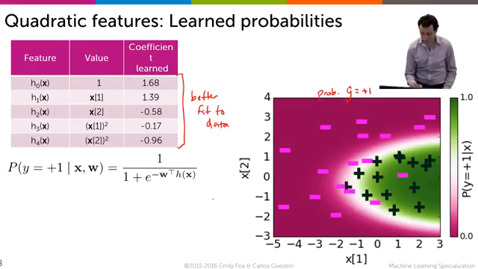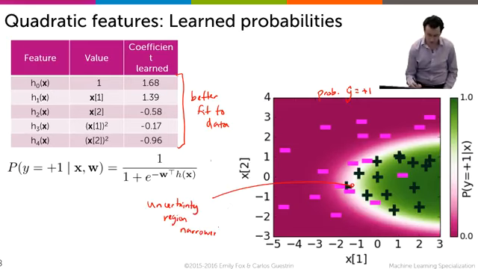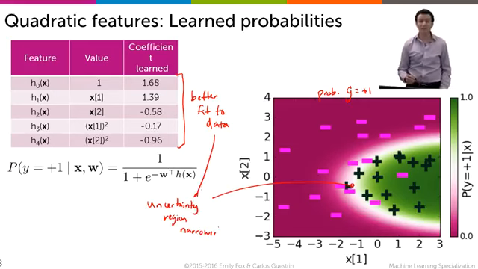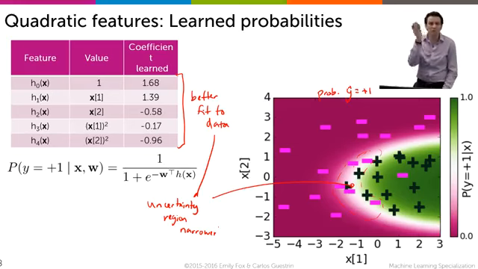If you look at it, the uncertainty region is narrower. And to me, this makes a lot of sense. I have a better fit to the data. There are fewer points that I'm uncertain about. And in fact, the places where I have uncertainty are exactly the ones in the boundary region where I should have some uncertainty. The ones where I'm not sure if they're +1 or -1 are close to the boundary. It makes a lot of sense.